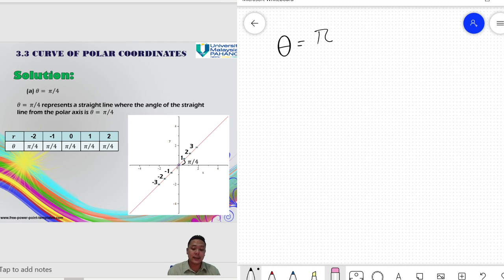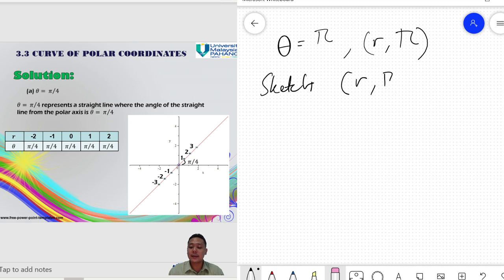Can I change to pi over, let theta equals to pi, because the example is on the left right now. So in this particular case, r is arbitrary, and theta is pi. Okay, sketch the given polar coordinate (r, pi).